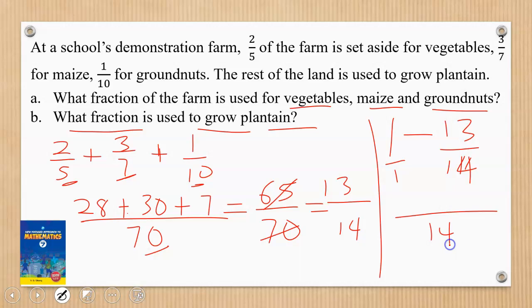Again, LCM is 14. 1 divides 14 as 14 times 1 will give us 14, minus 13. So when we do simple subtraction there, we have 1 divided by 14. That means the portion of the land that was used for plantain is 1/14 of the land.